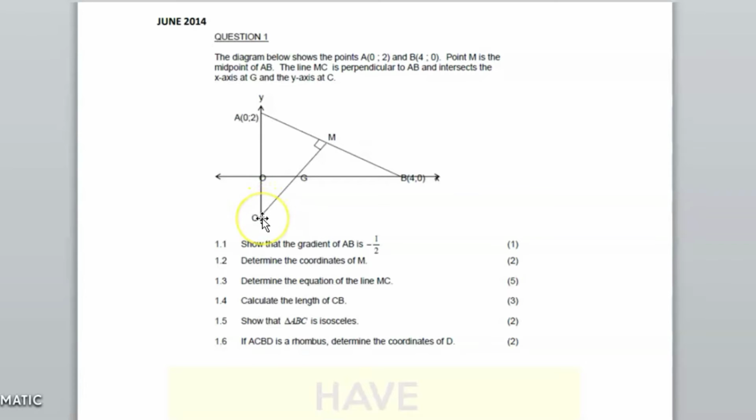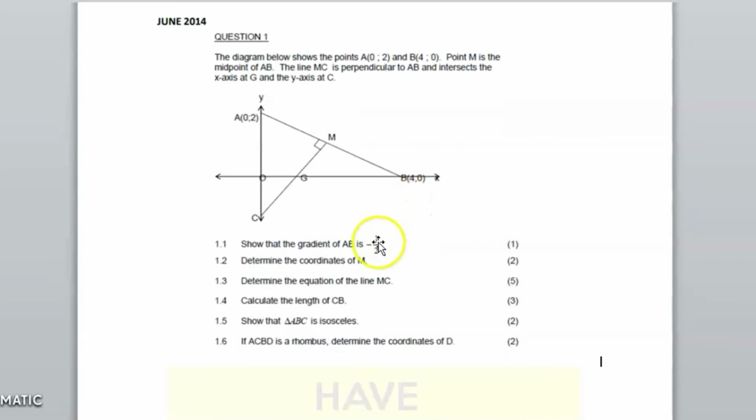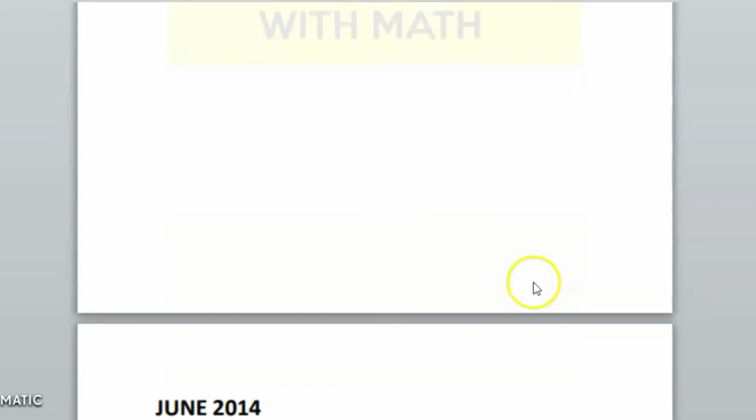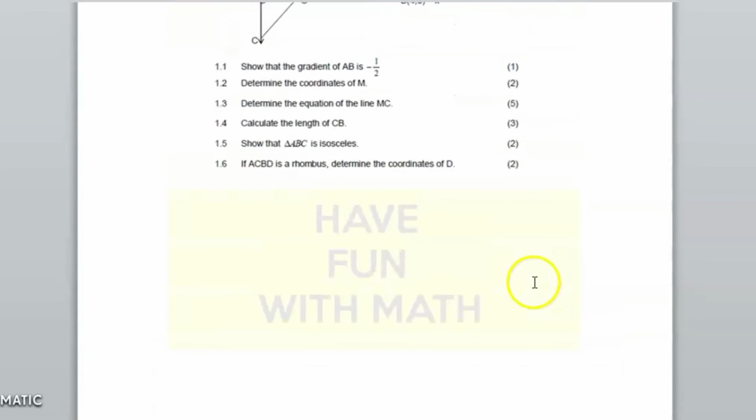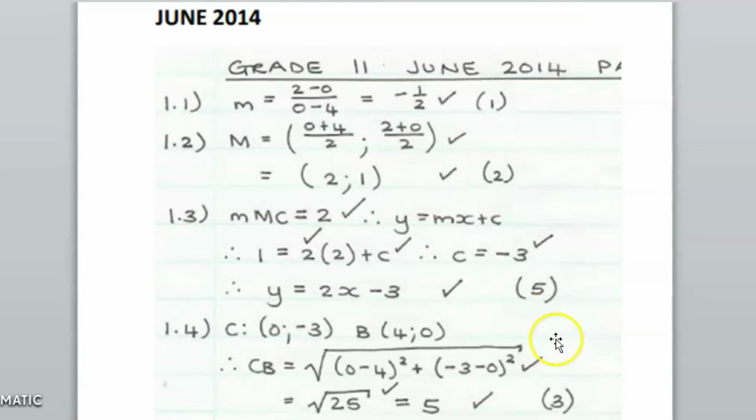So in this case, you will say the gradient of CM multiplied by the gradient of AB equals -1. Reason being perpendicular. It's given the line MC is perpendicular to AB. Then you calculate for CM. The gradient of CM is going to be 2 because we have -1/2. The gradient of MC is equal to 2.